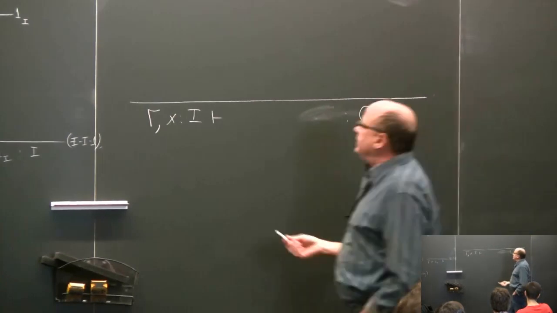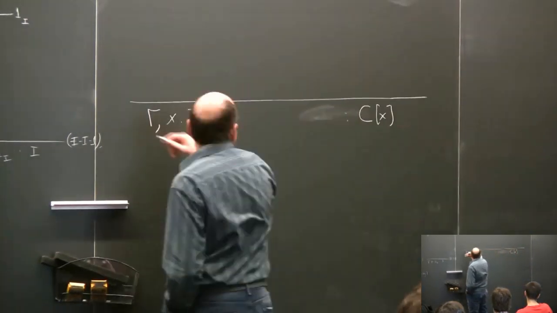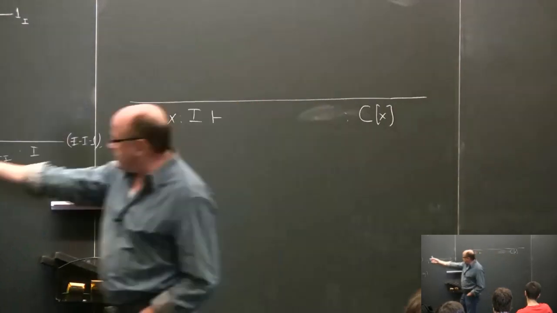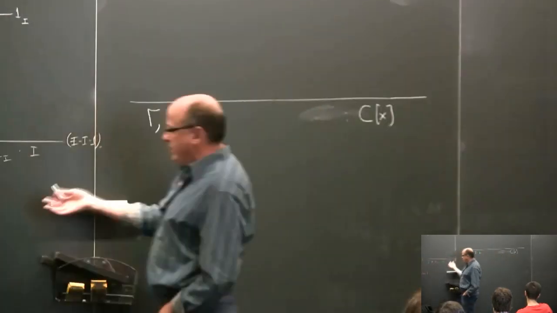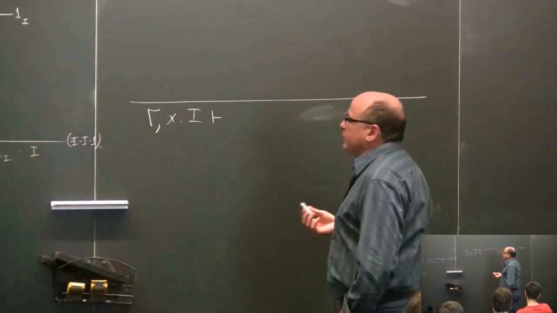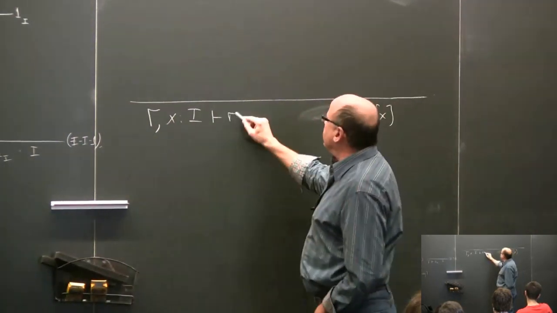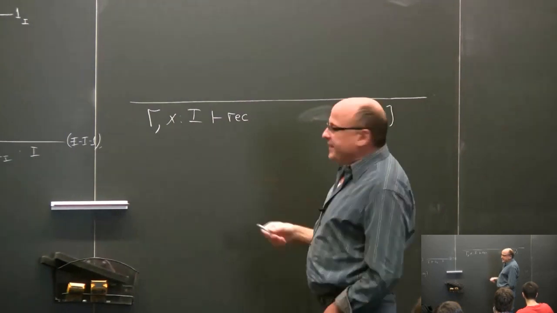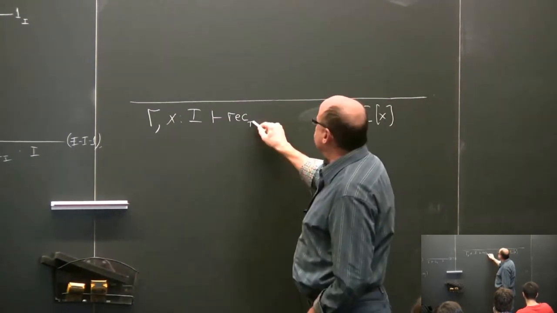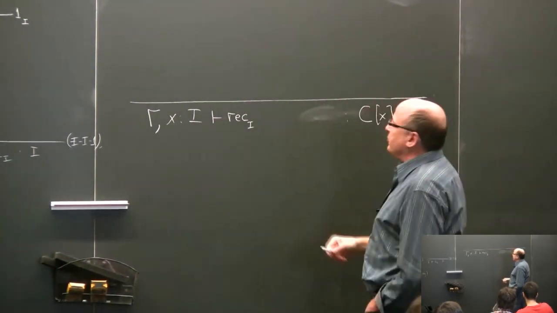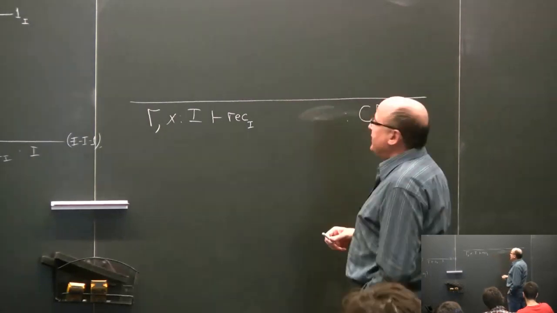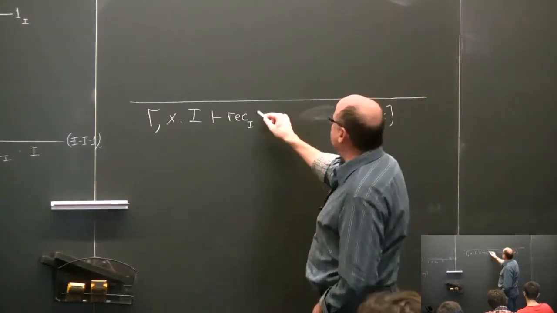How could you possibly do that? Well, if you just think of this as freely generated by the introduction rule, so we're applying Gentzen's inversion principle here, then we're going to have a recursor, and making up ad hoc words for all of these becomes pretty much impossible. So we'll write that rec sub I because it's unimaginative. I don't know what else to call it.